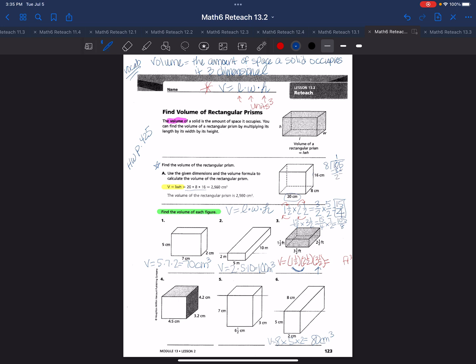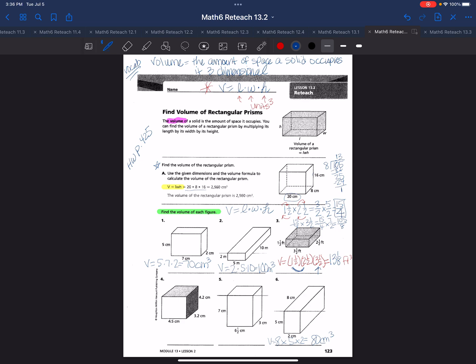Subtract, bring down. 8 into 25 is 3. 3 times 8 is 24. And I have 1 left over. So my answer will be 13 1/8 feet cubed. It might take you a little longer on the ones with fractions or decimals, but you can do it because this is just a review. All right, let's look at the next one.